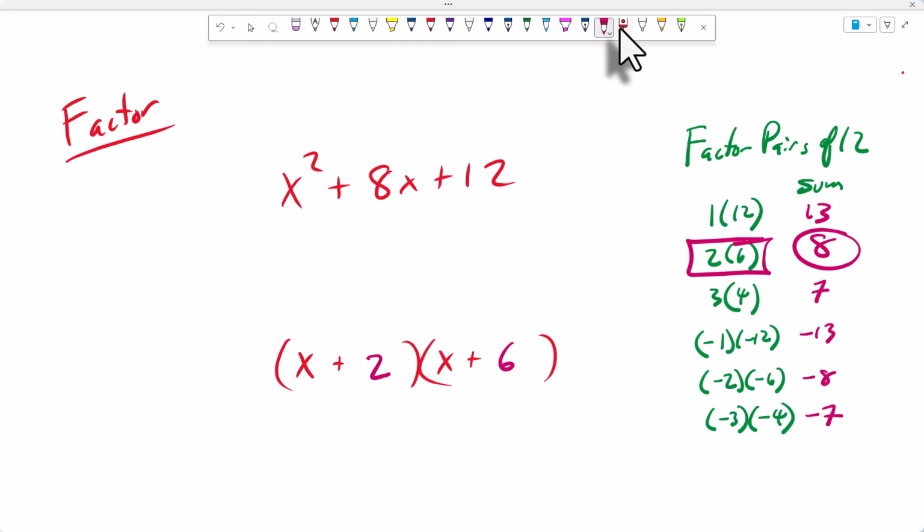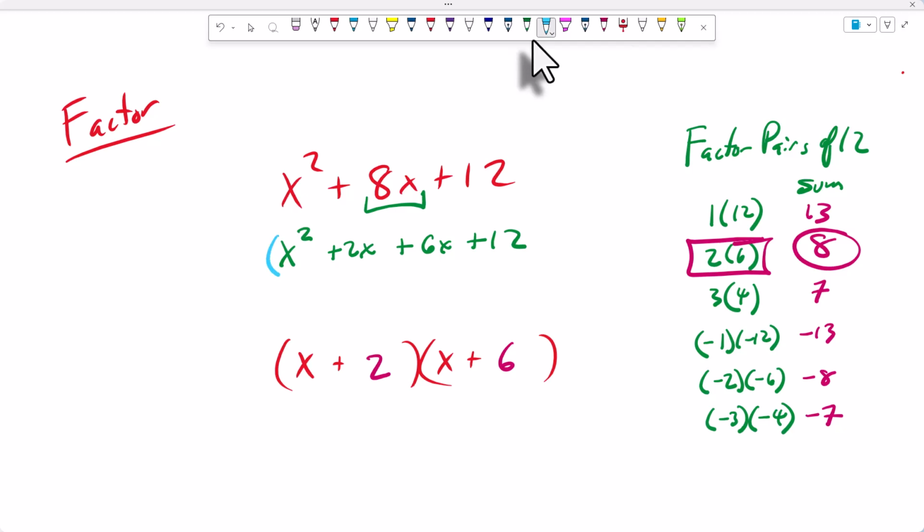The other option is to change this to x squared. I'm going to change 8x to plus 2x plus 6x. And now, how many terms do I have? 4. And how can we factor with 4 terms?